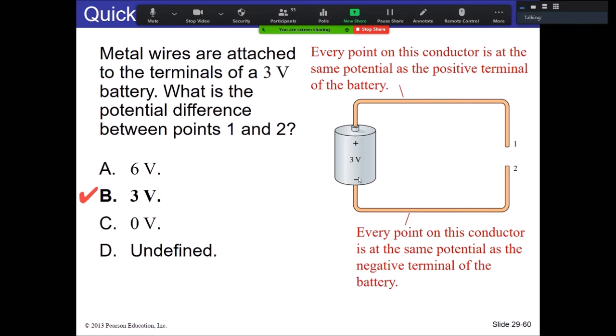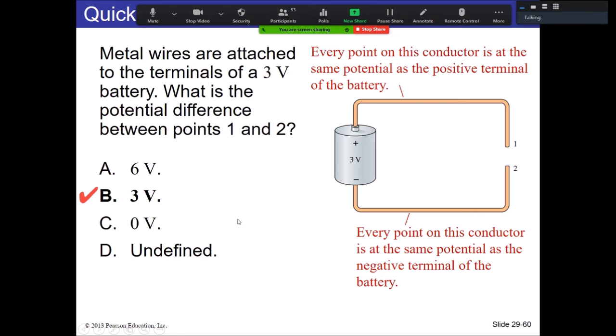You should treat this battery as the upper portion being an electrode and the bottom portion being an electrode, and they're not connected as far as conductors. Because if they were, there'd be no voltage here. Everything would neutralize. The bottom is the negative terminal, and the wire at the bottom is at the same potential. So everything up here is 3 volts higher than it is down here, because these wires and the terminals on the battery are one continuous conductor. The answer is B here.